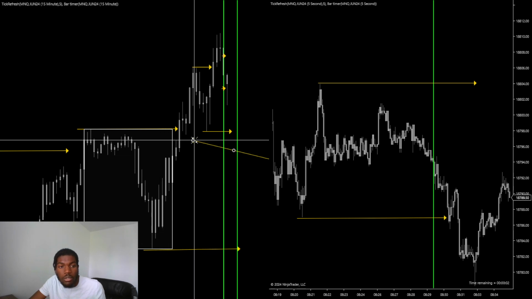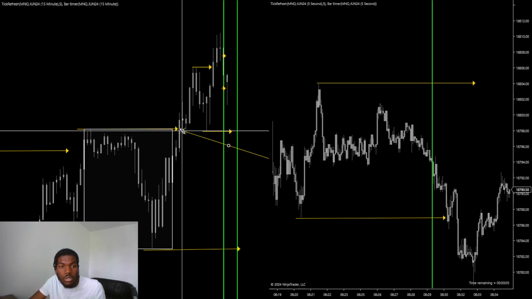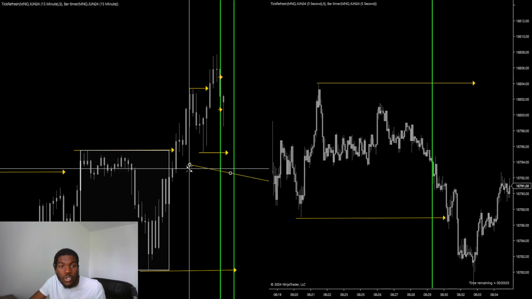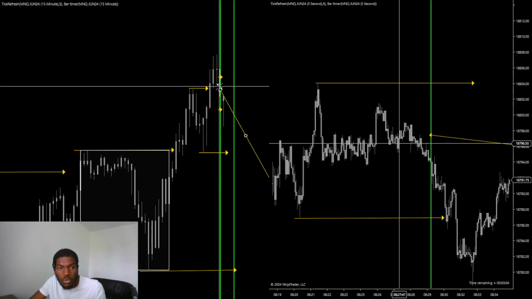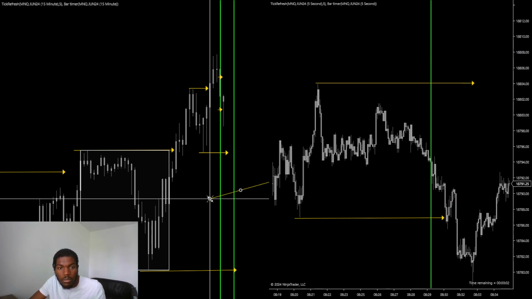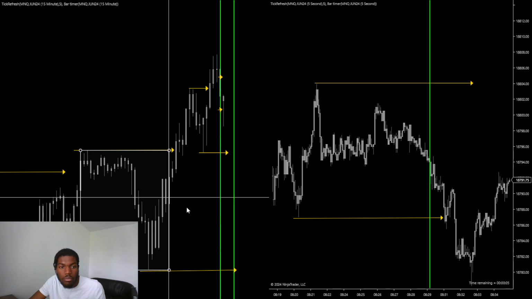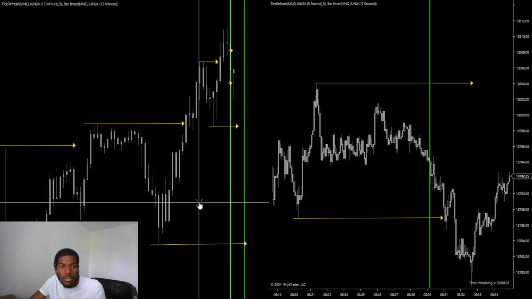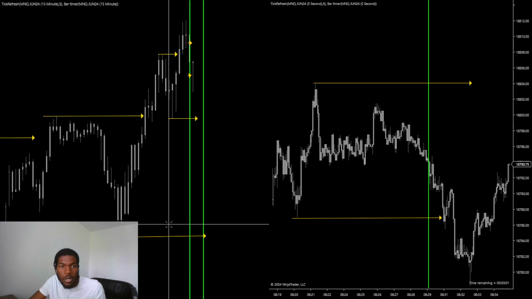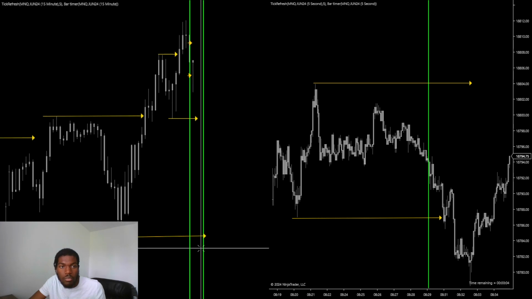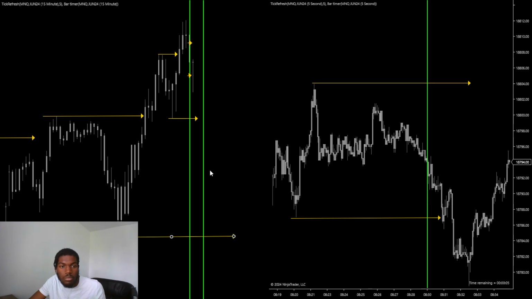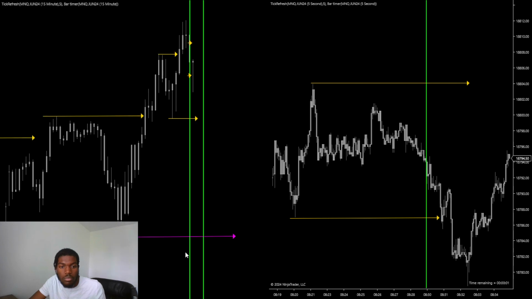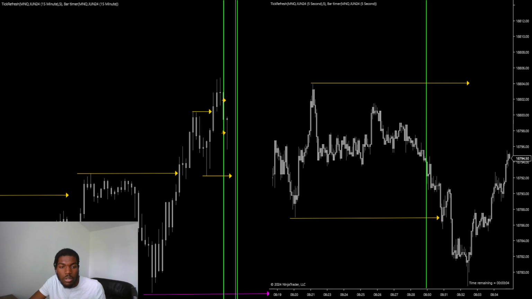What price has done, which is break structure. What price is doing, which is the last candle. So if I'm preparing for lower prices on the 15-minute, I'm looking for that.